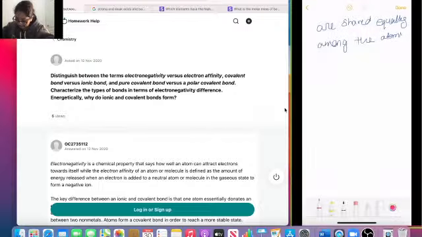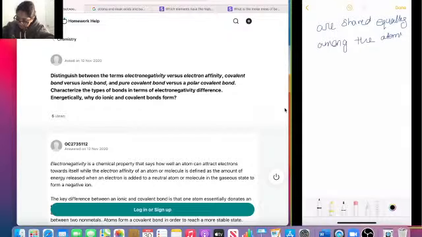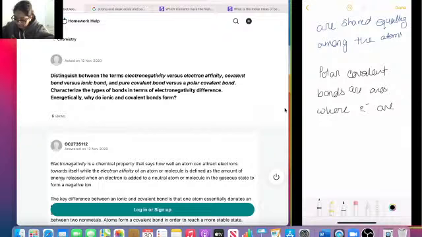So basically what you can say here is polar covalent bonds are ones where electrons are basically attracted more towards one atom.